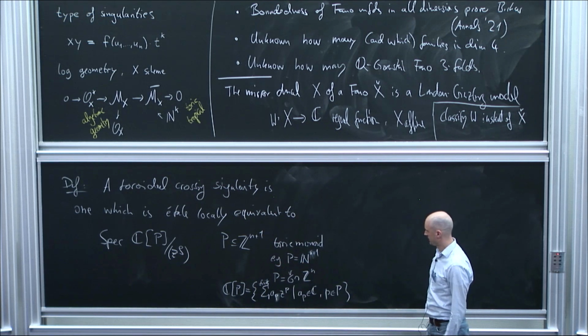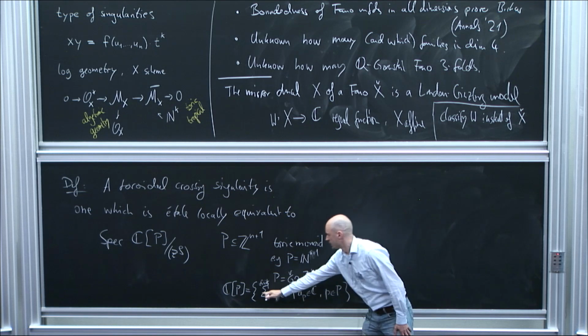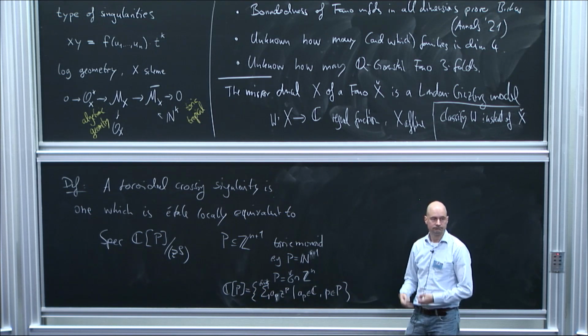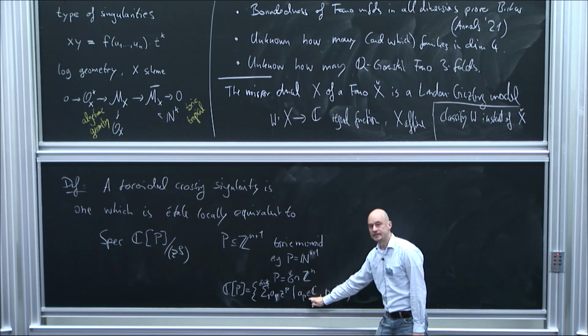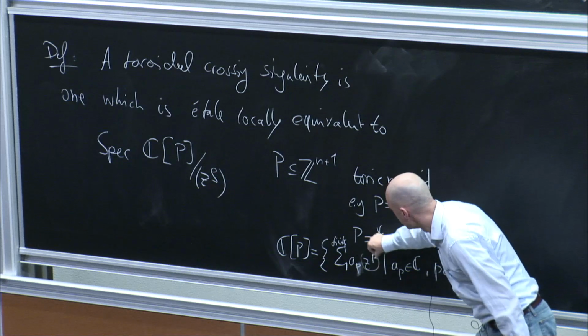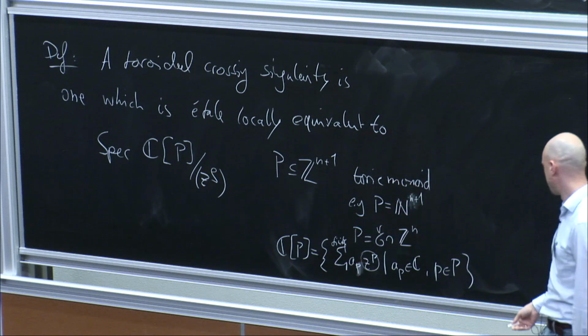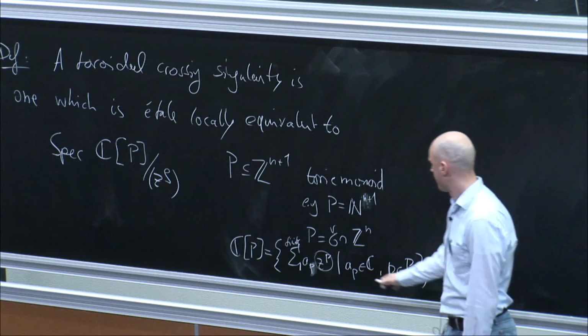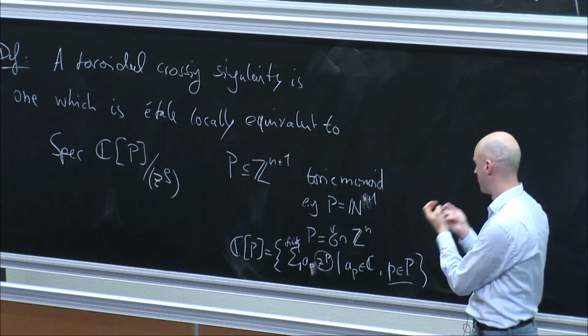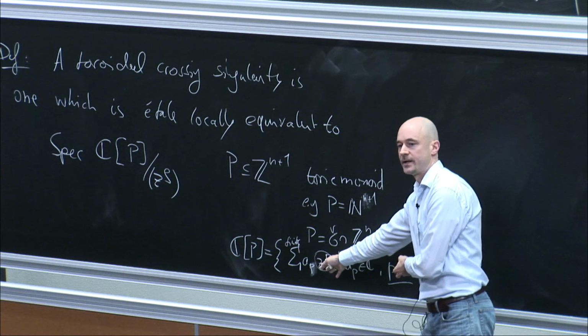Hope you can read it. So it's just the usual way to define a group algebra. You can also define it as a monoid algebra. You take these formal sums, coefficients are in your field, and then there are some elements which I write z^p. They're like characters, and you have them for all the elements in the monoid. And then the monoid operation becomes multiplication in this ring.